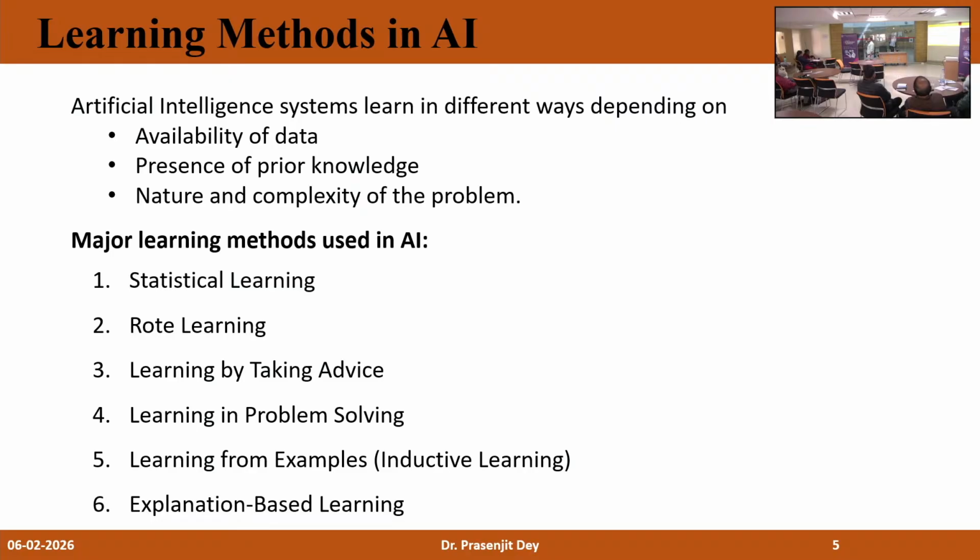Based on the situation, we need to change the strategy, the way we are supposed to learn. I want to learn quantum computing, I do not have any guide. So I need to look for other opportunities to learn it. So how you are going to learn depends on the availability of the data, prior knowledge of the data, and the nature and complexity of the problem.